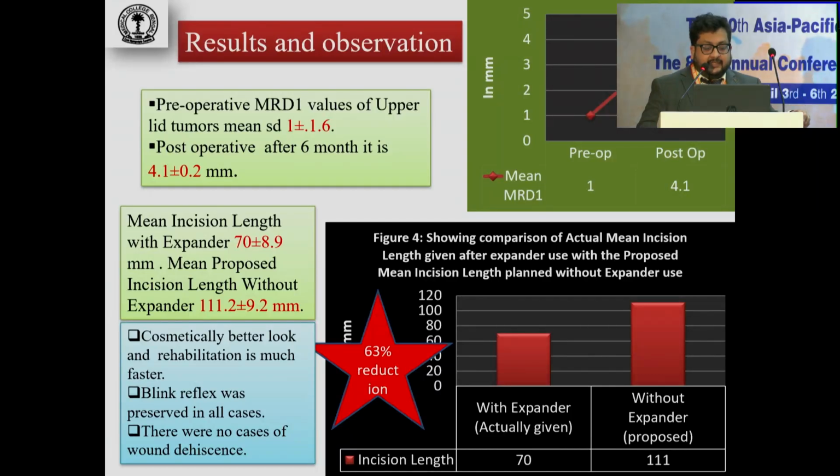Now, with the expander, the mean incision length is coming down to 70, compared with the proposed tissue length without the expander. It is almost a 1/3 to 1/4 reduction of the incision length, which will give a better cosmetic look, faster rehabilitation, and the blink reflex will be preserved in all cases.